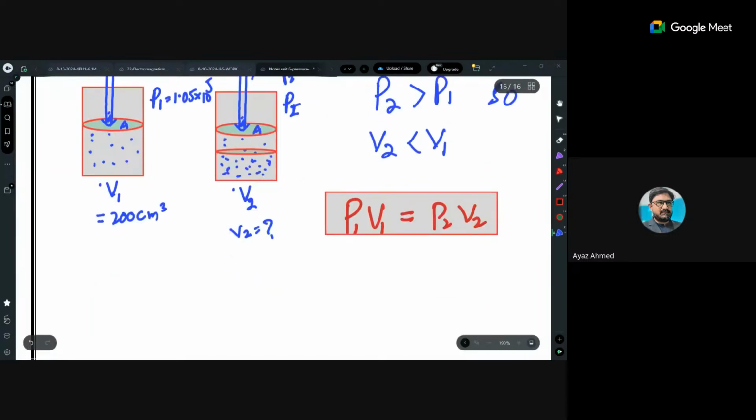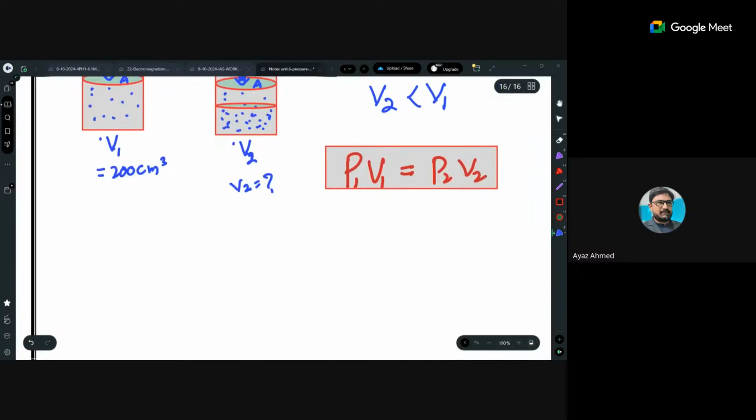So what equation will you use? You will use that equation, P1 V1 equals P2 V2, and I want to calculate V2.